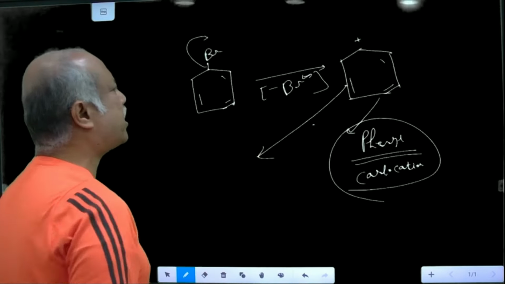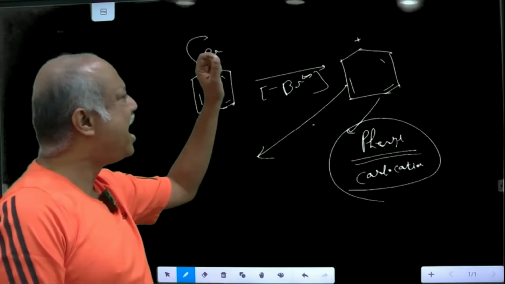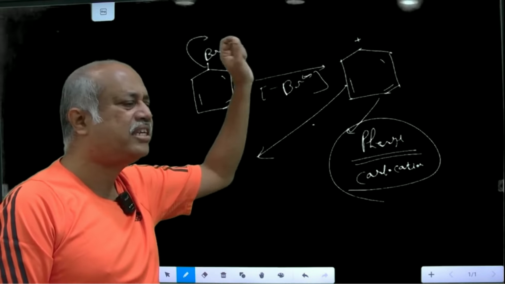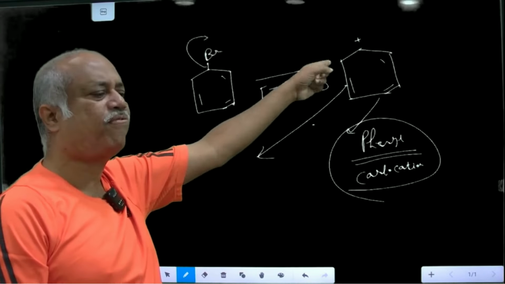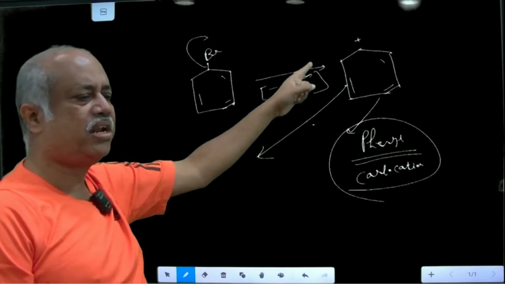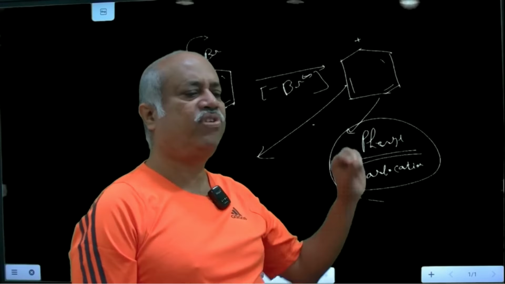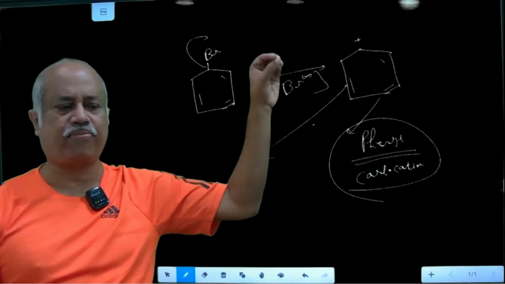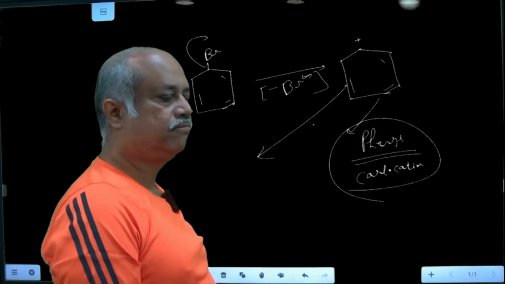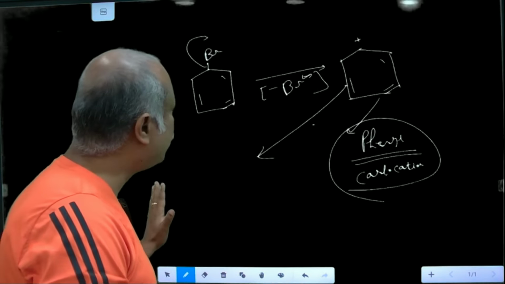Unstable carbocation. For this reason, any nucleophile cannot directly attack this type of unstable carbocation. Done. First one is the no reaction.